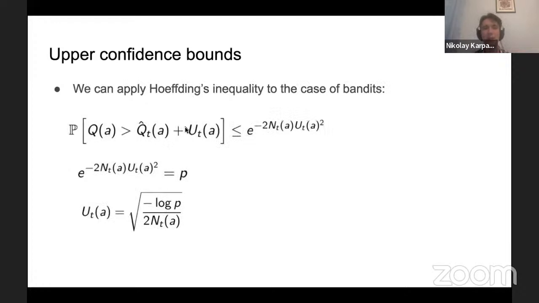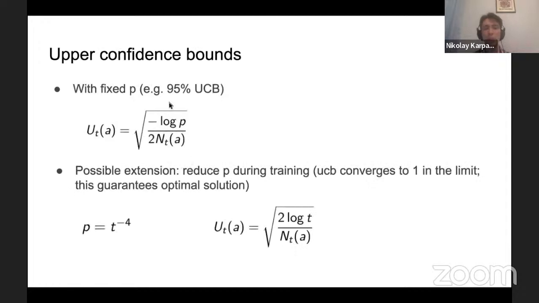And we can estimate these upper confidence bounds, once again to summarize, using the sampled average Q and this U_t statistics that is computed from the probability, for example, of 95% and the sample size.